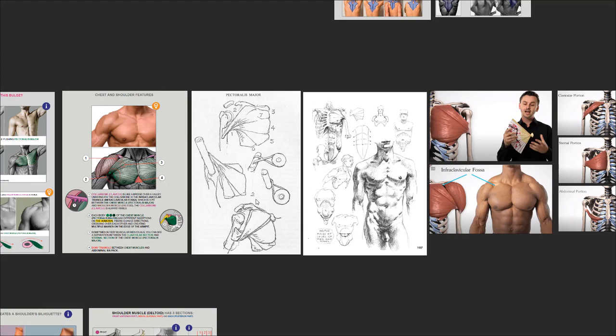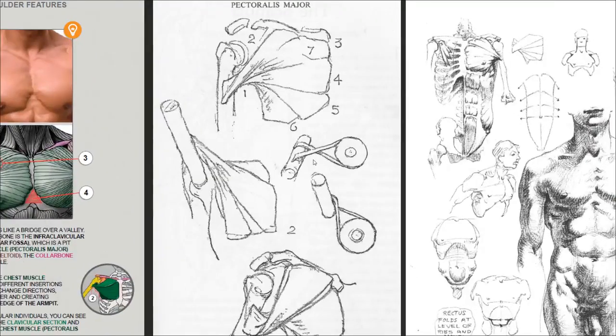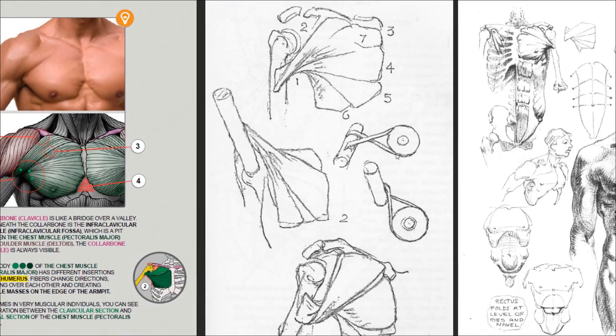Another thing that we can notice by doing the chest muscle is this kind of distortion: the highest part of pectoralis will connect on the lowest part of the humerus, and the opposite, the lower part of pectoralis will connect on the top part of the humerus.